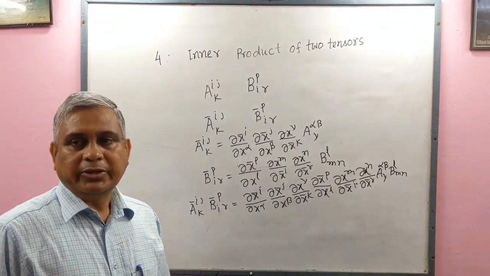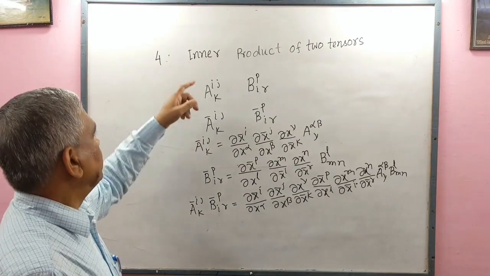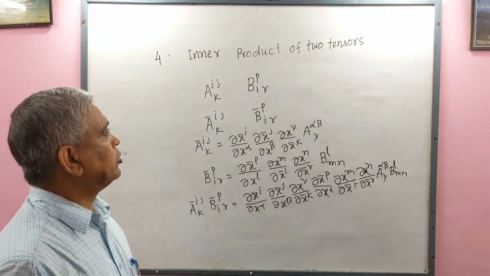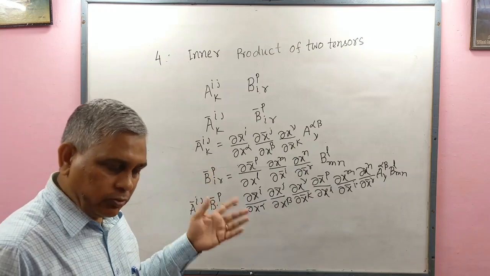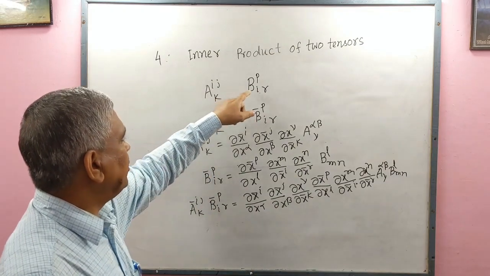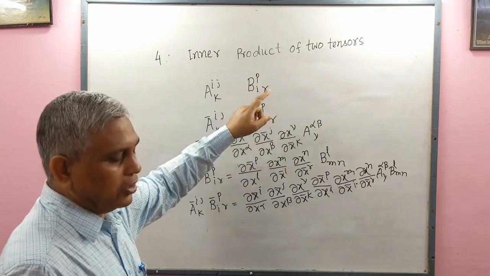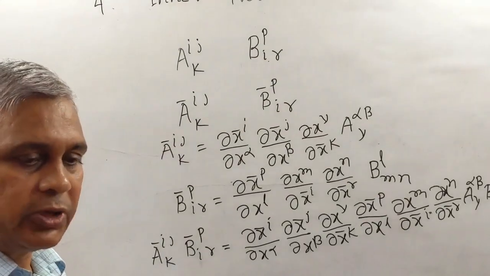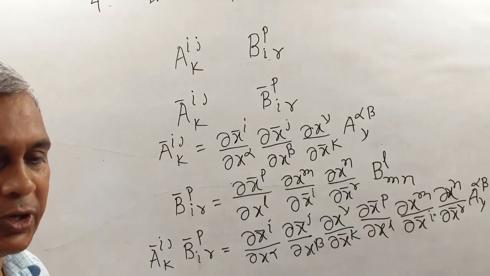Now we will discuss the inner product of two tensors. Now we take Aijk and Bpir to be two tensors in X system of coordinates.